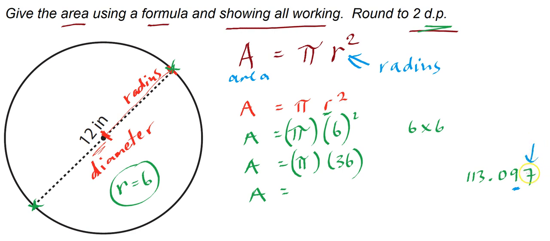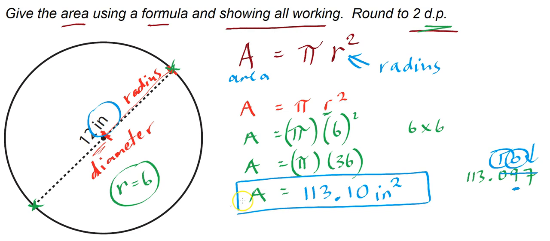This number is big, which tells me this number has to go from 9 to 10. So I know that the final answer is 113.10. And the units are inches, and it's area, so it has to be squared. And that's the final answer.